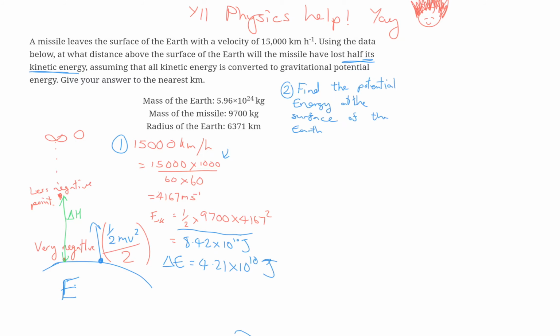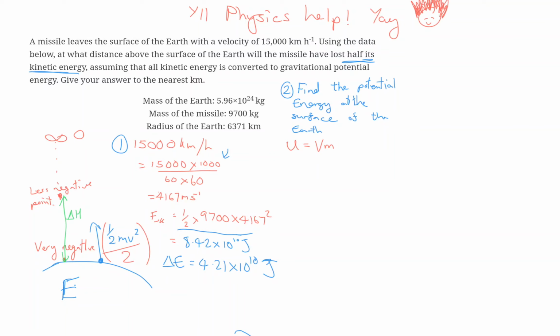Okay, the next step is going to be to find out the potential energy at the surface of the Earth. Now, you can do this a couple of ways. You can say potential energy U is equal to V times M, where V is just the potential. So if we take the potential and times it by the mass, we've got the potential energy of the object at that location.